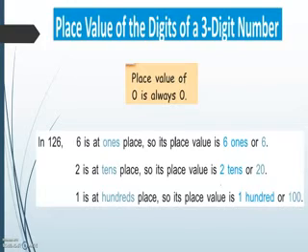Okay. Place value of each digit can be found out by which place they are sitting or residing. Look here. In 126, 6 is in the ones place. So the value of 6 at ones place is called the place value of 6.